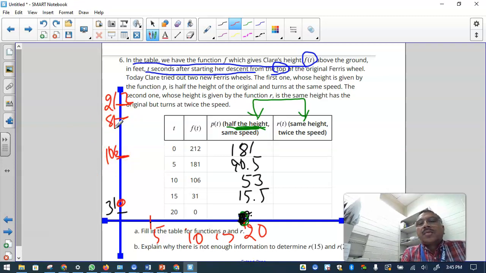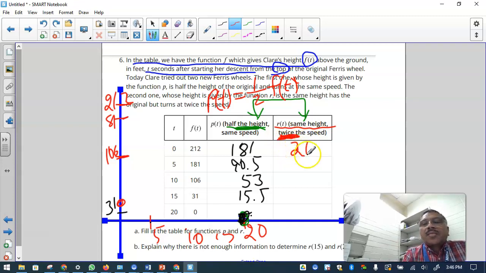Now the next question is, at the same time, you must write this R of t is half of F of t. That's it, and you're done. The next one is saying he goes to another Ferris wheel where the speed is twice, so the time taken will be half. So what that means is he starts with 212.